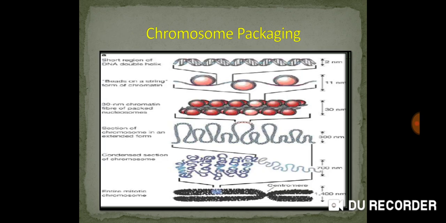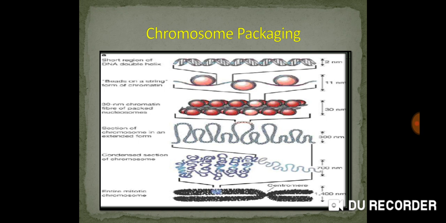Chromosome packaging. Now you will think: how is such a large DNA packed in the tiny nucleus? Okay, first is a short region of the DNA double helix, which is 2 nm in size.